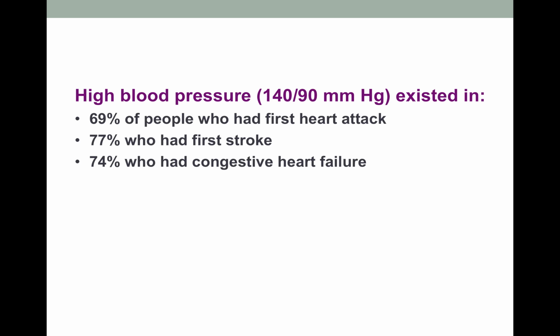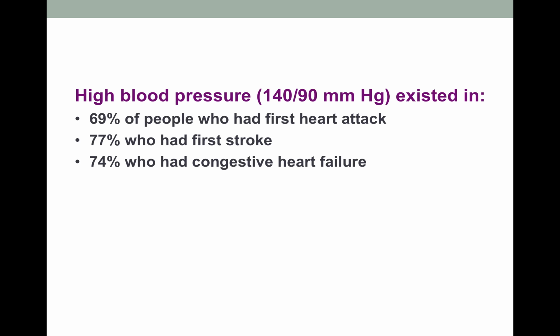So when we say high blood pressure, and we're going to break down some additional categories, we're going to get a little more detailed coming up, but high blood pressure is really referring to anything greater than 140 over 90 millimeters of mercury. So it's 140 millimeters of mercury for systolic blood pressure and 90 millimeters of mercury for diastolic blood pressure.